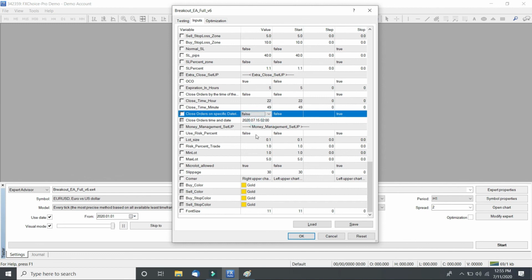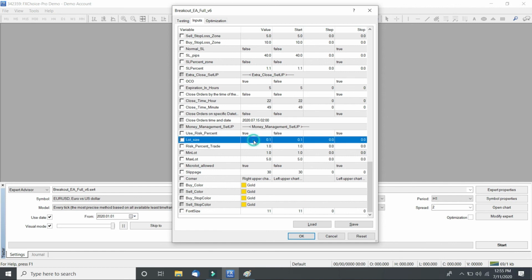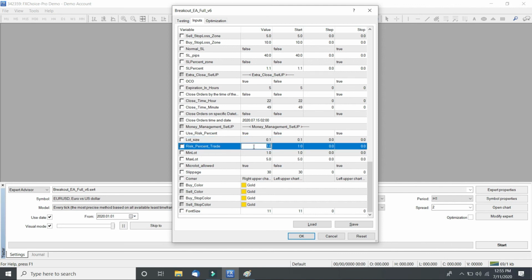This is money management. You can set it to whatever you want. If you set it on true, the money management works based on risk percent per trade. It will calculate the risk based on your stop loss.